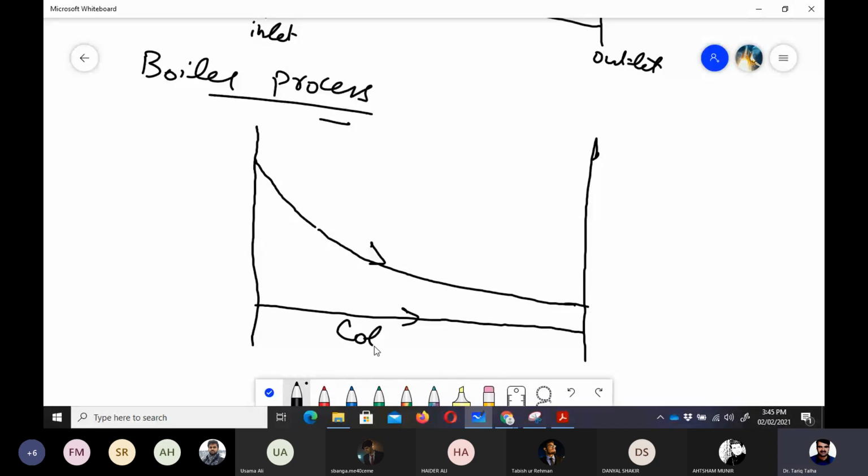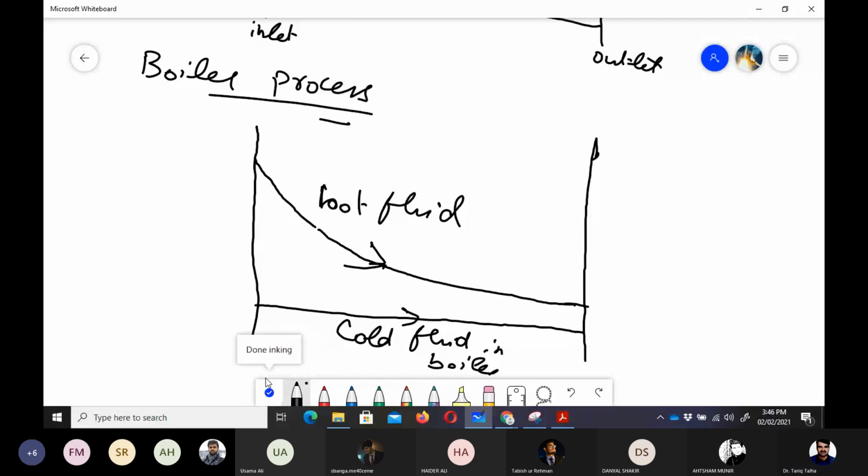This is the cold fluid in the boiler, because it is going to be evaporated by the absorption of heat. So the hot fluid is that source from where the steam is taking heat and being converted into saturated vapor. So these are the two things which we discussed here.